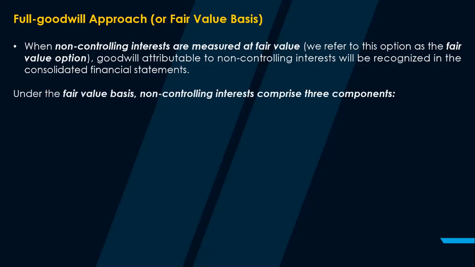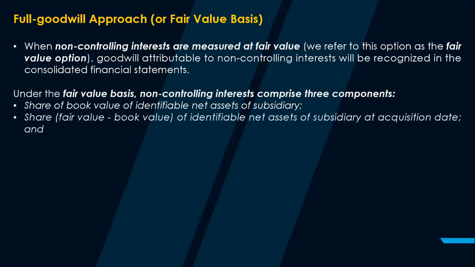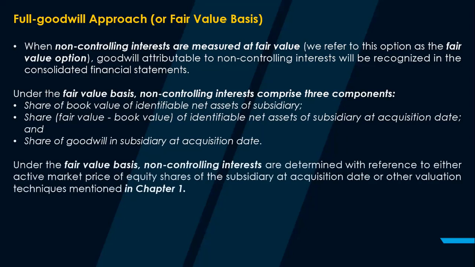Under the fair value basis, non-controlling interests comprise three components: share of book value of identifiable net assets of the subsidiary, share of the fair value excess over book value of identifiable net assets of the subsidiary at acquisition date, and share of goodwill in the subsidiary at acquisition date.